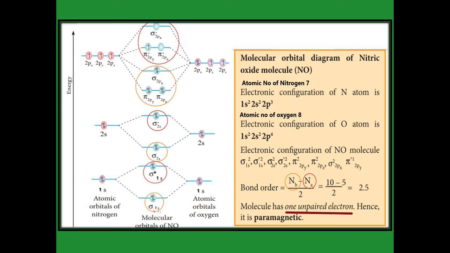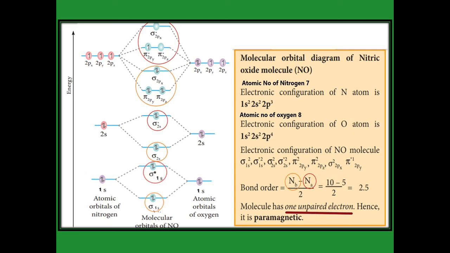These orbitals are filled with the 2s electrons of nitrogen and oxygen. Next, move on to 2p. Nitrogen has 2p3, that is 3 electrons, and in oxygen's 2p orbital how many electrons? 4 electrons. So 4 plus 3, totally 7 electrons, we are going to fill in the molecular orbitals of NO.